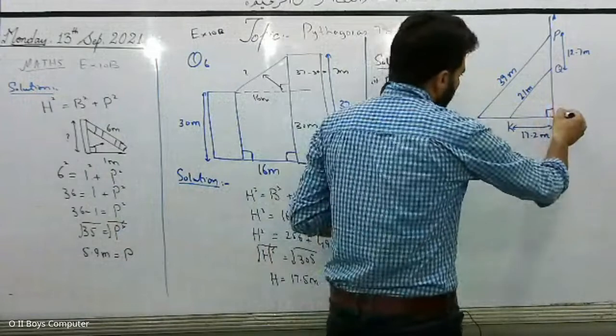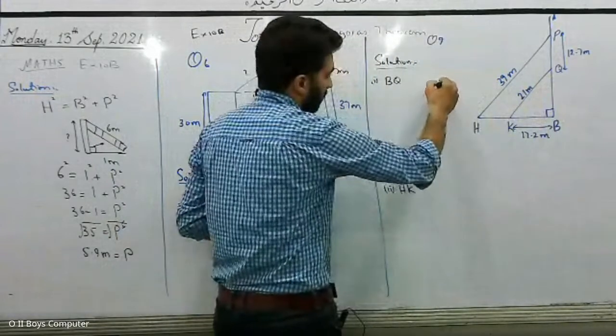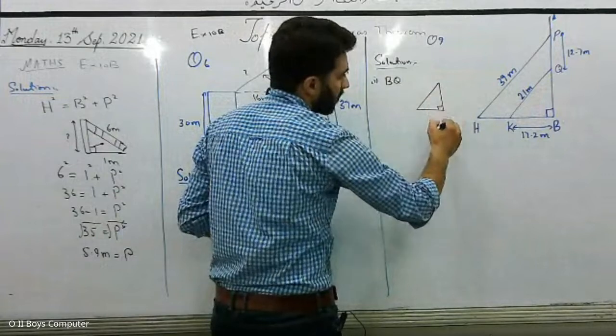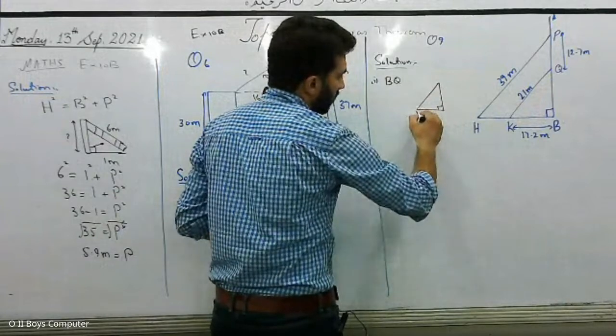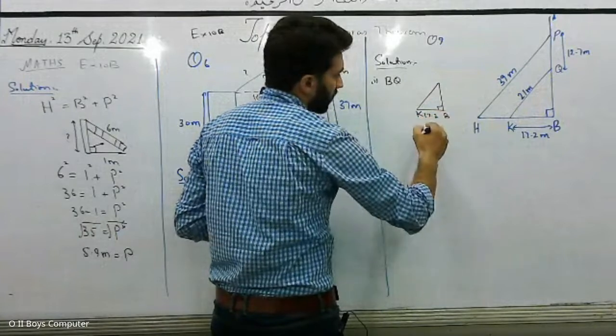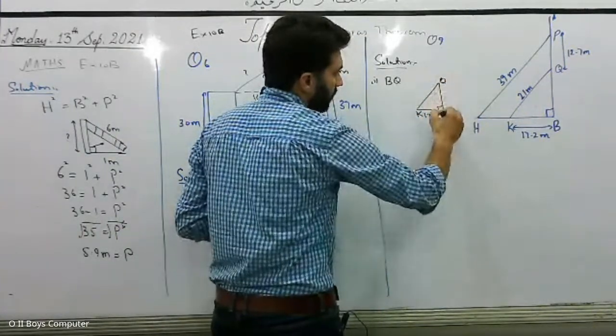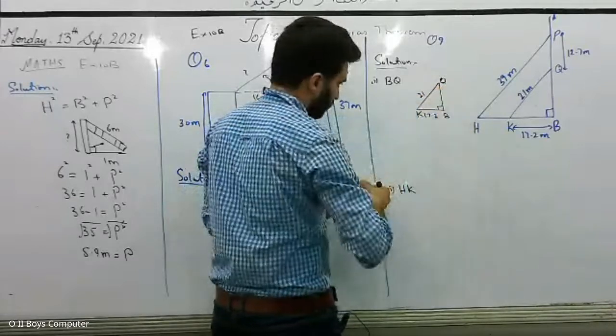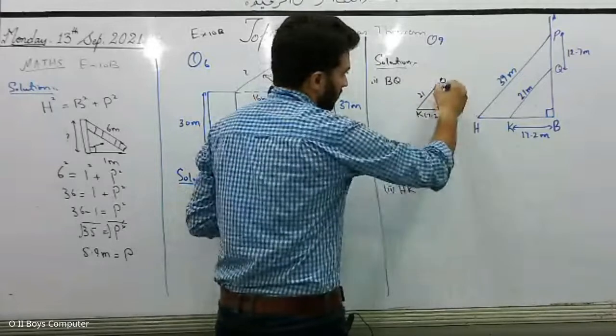If I take this triangle out, the smaller triangle, in this triangle we have KB 17.2, this is Q, QK is 21, this is BQ.